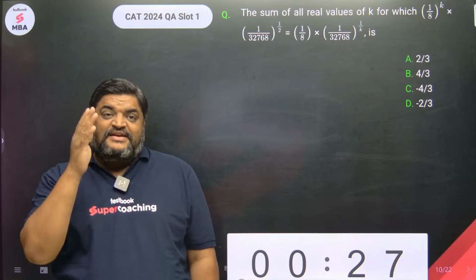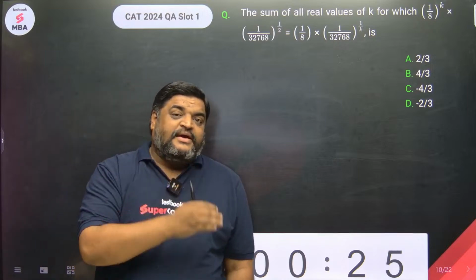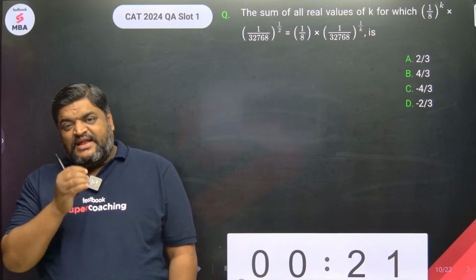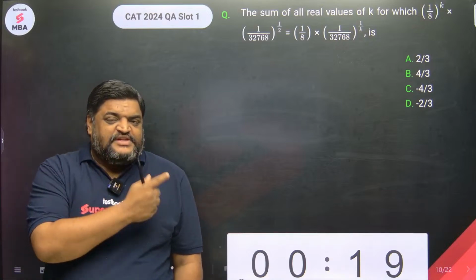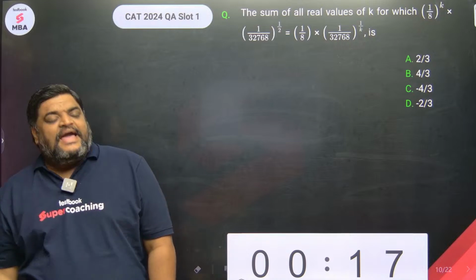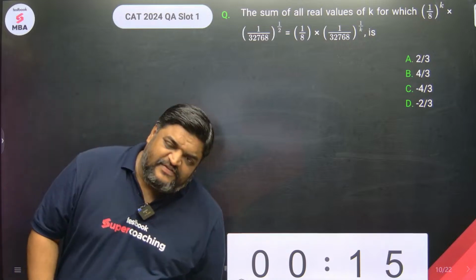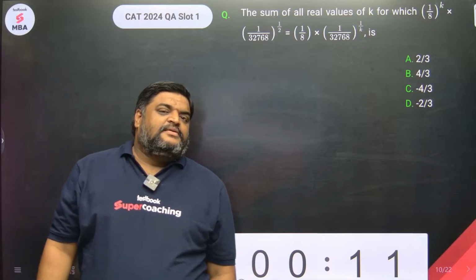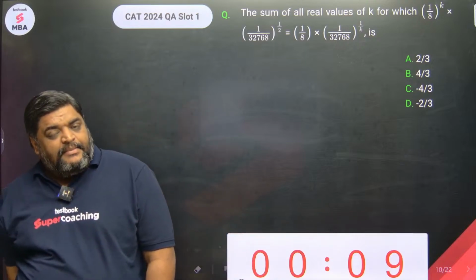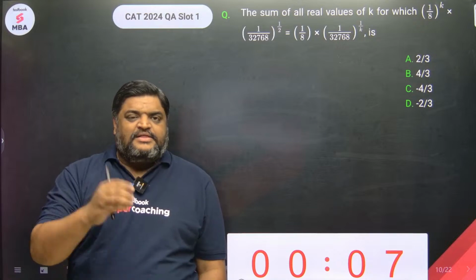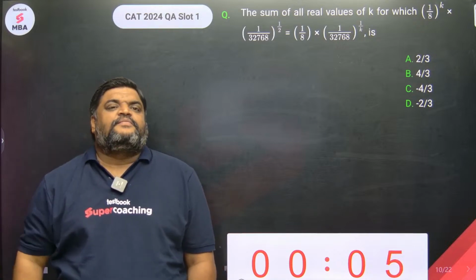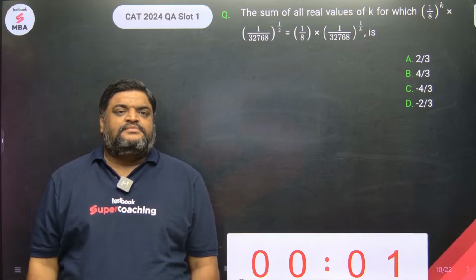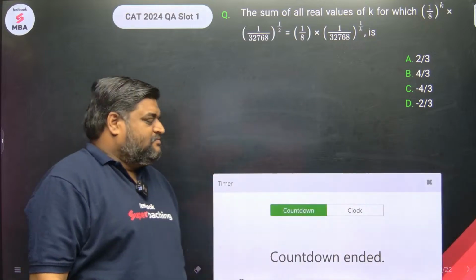We did surds and indices as the last topic. Yes or no? This question is based on surds and indices and one more concept of algebra. That topic also we have covered. All the classes are still in the structured playlist. Go and watch it. Time's up.